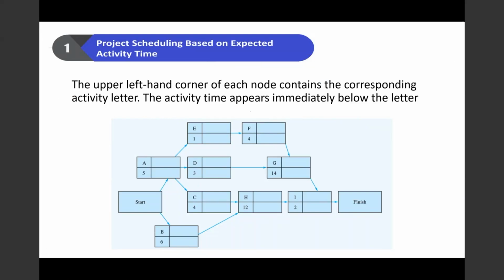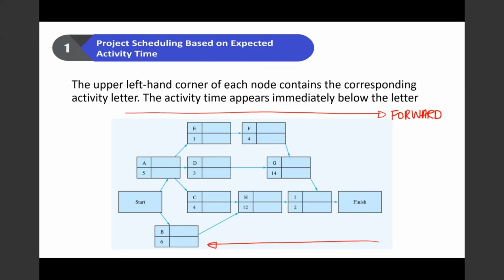You need to do a forward pass, and then after that, you will do a backward pass. Just by doing the forward pass, you will be able to get the total time required to complete the project. However, you will not be able to know which path is critical until you complete the backward pass.